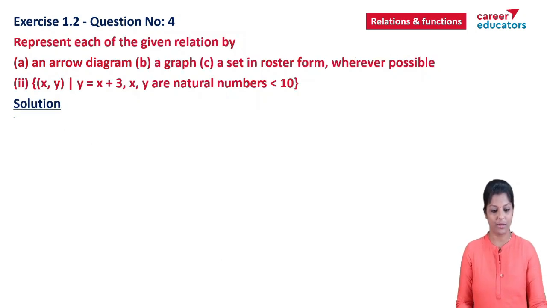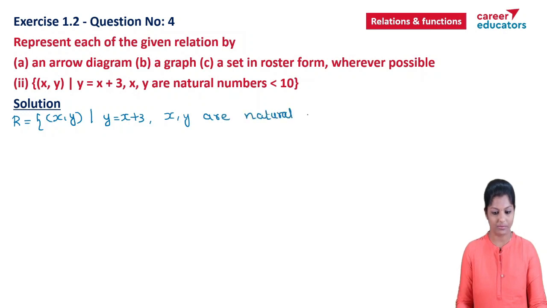In the second subdivision, R is defined as {(x, y): y equal to x plus 3, x, y are natural numbers less than 10}.